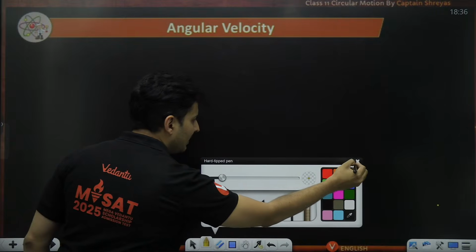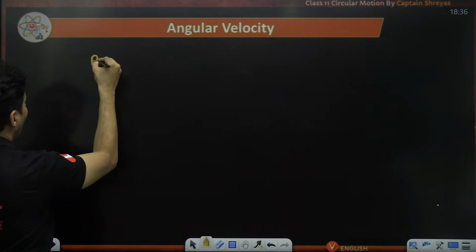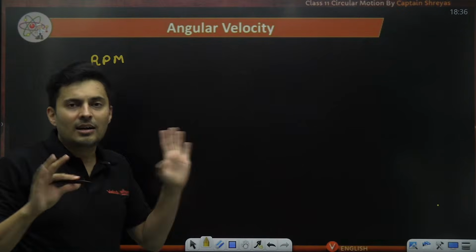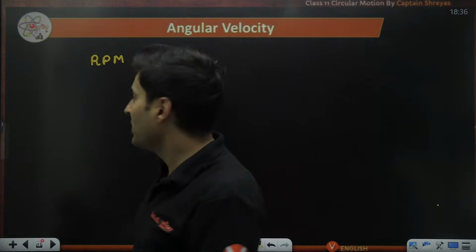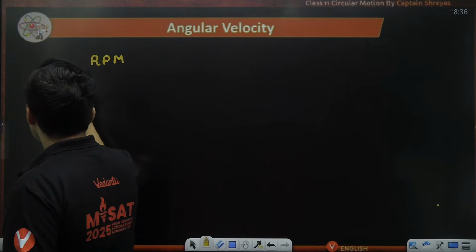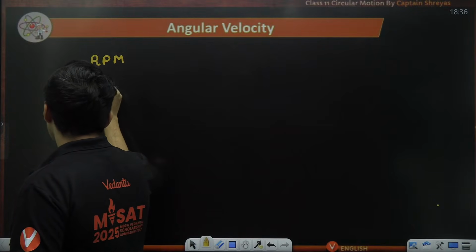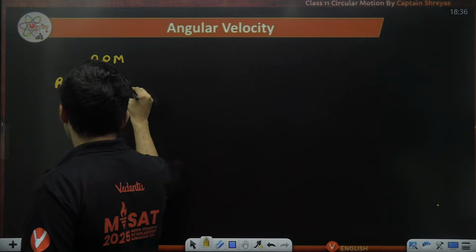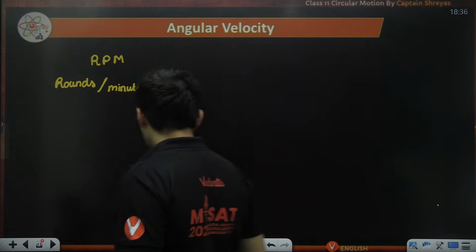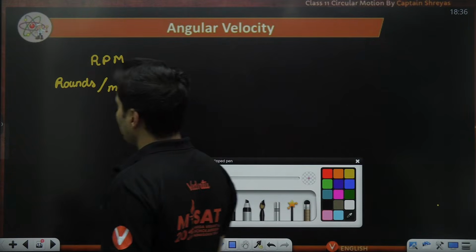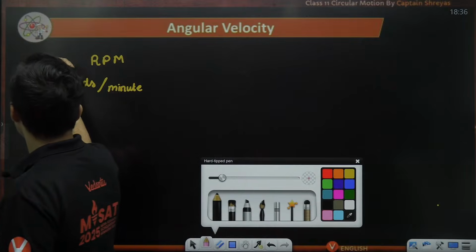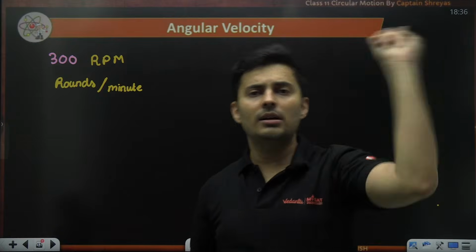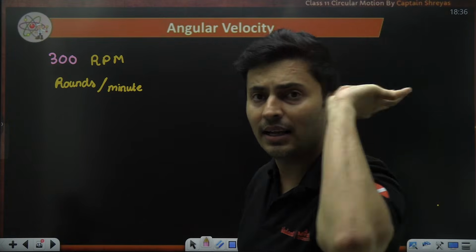Say anything is given in some X RPM, like 5 RPM. RPM means how many rounds you are performing per minute, rounds per minute. Let's say, I'm giving you an example, 300 RPM. My fan is rotating 300 rounds every single minute.